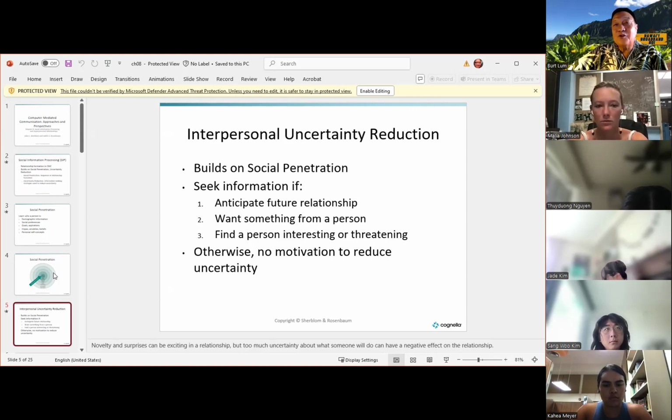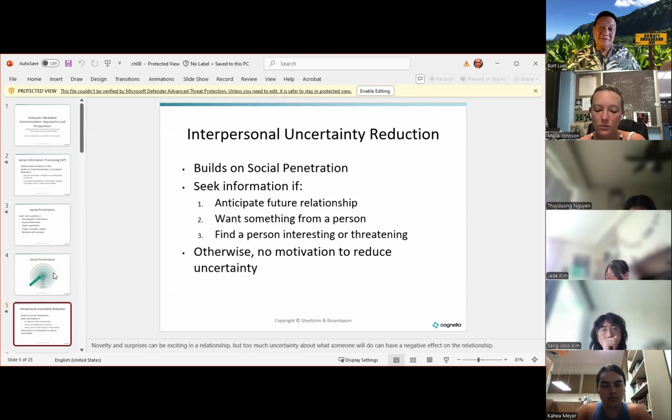The further you delve into somebody's personal aspirations, it's like a door that has been opened that you can walk through with mutual understanding, getting to know that person. And that is the act of developing a relationship.